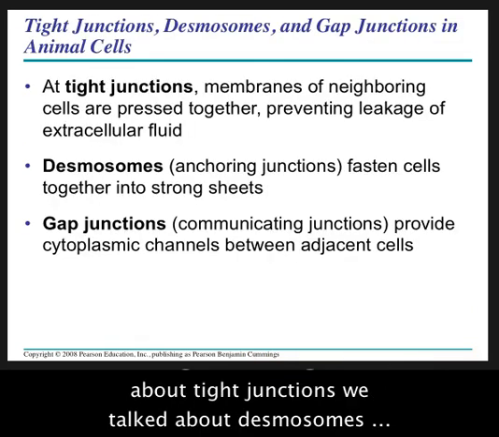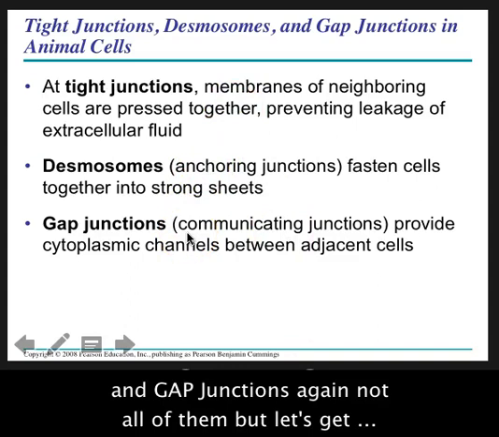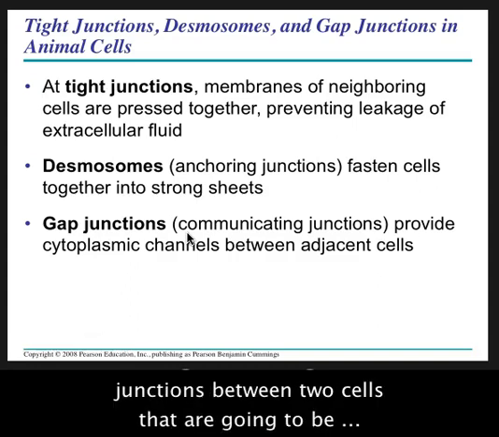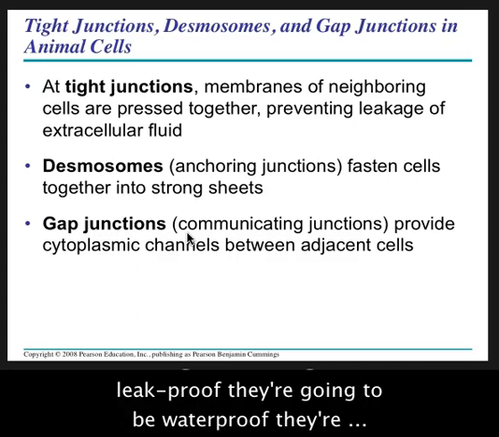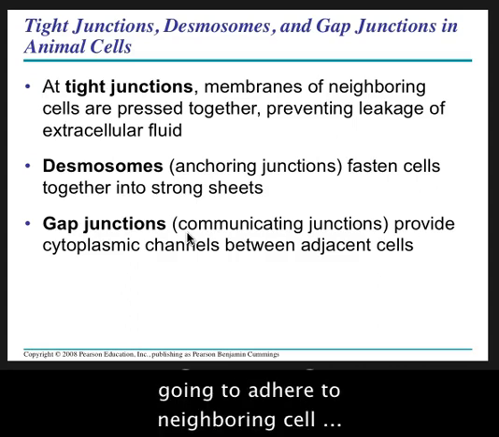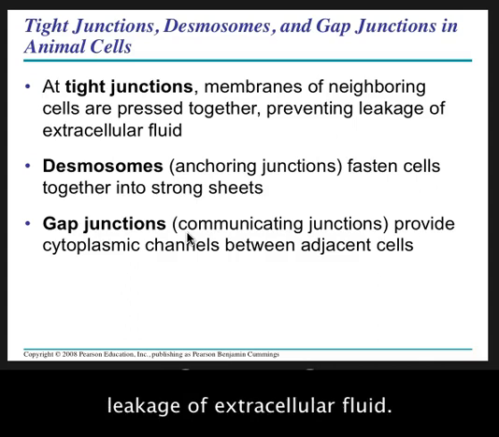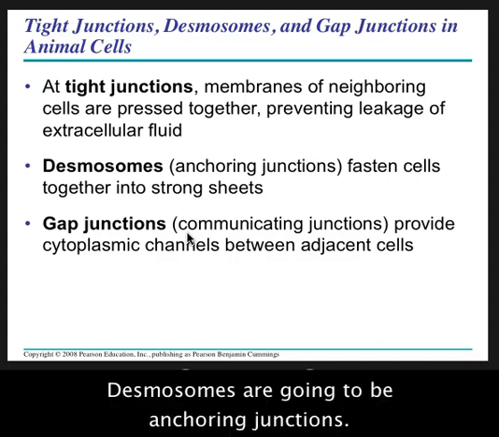In animal cells, we talk about tight junctions, desmosomes and gap junctions. Again, not all of them, but let's get these three down for here. So tight junctions are junctions between two cells that are going to be leak-proof. They're going to be waterproof. They're going to adhere neighboring cell membranes together, and they're going to prevent leakage of extracellular fluid.